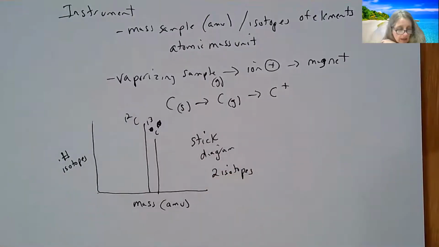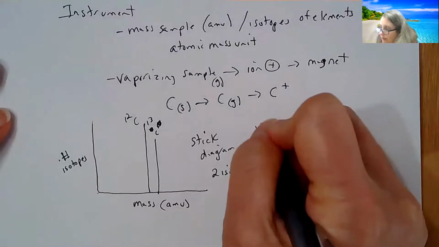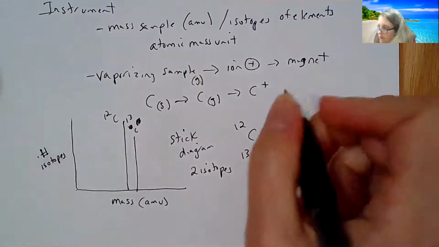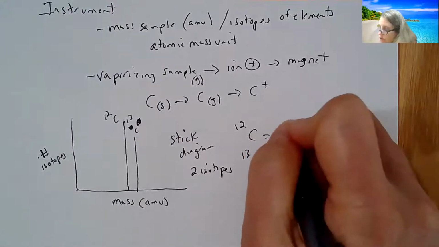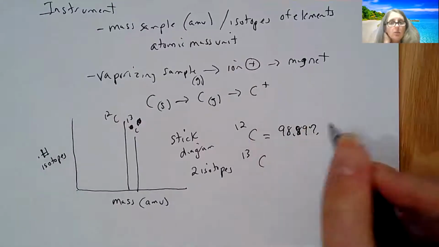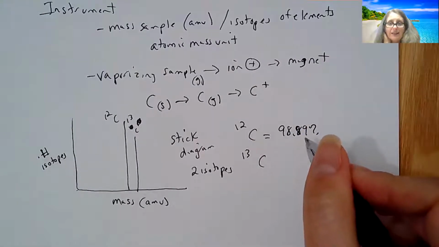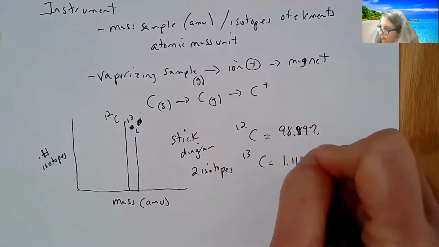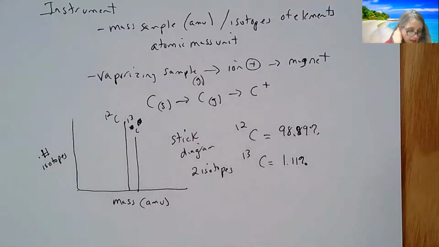Okay. And I could then quantify these two different isotopes, carbon 12 and carbon 13, by a relationship to each other. I could find out that carbon 12 is about 98, 99% of the carbon we have, and about 1.11% is carbon 13.